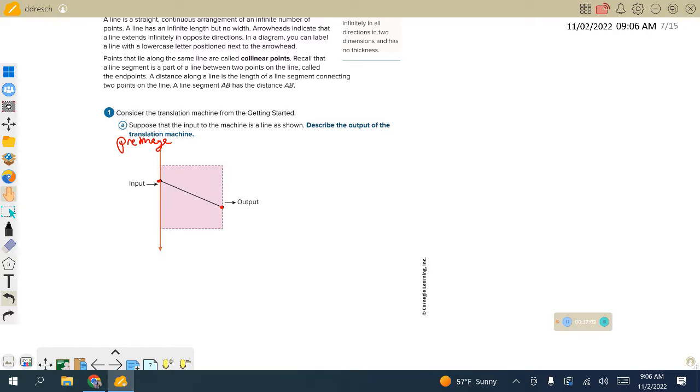Tell me the direction it's going. It's going what and what? It's going right and down. That's what I'm looking for, right? So this is going right and down, okay?